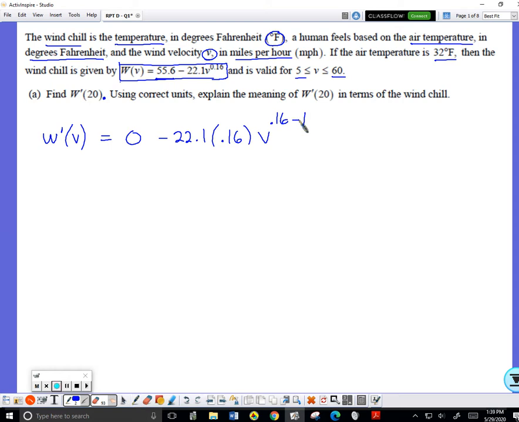And we're supposed to find W prime of a velocity of 20. So we don't have to work anything out, we just have to make sure we've plugged in the numbers.